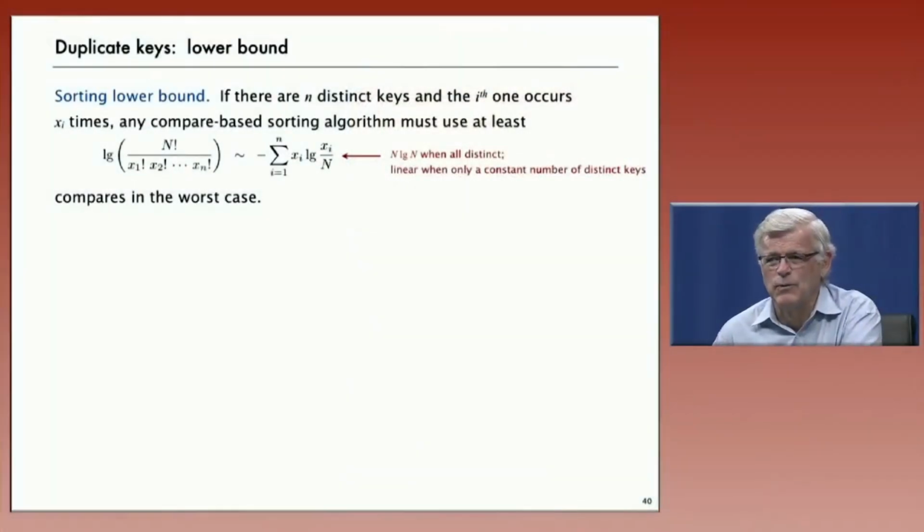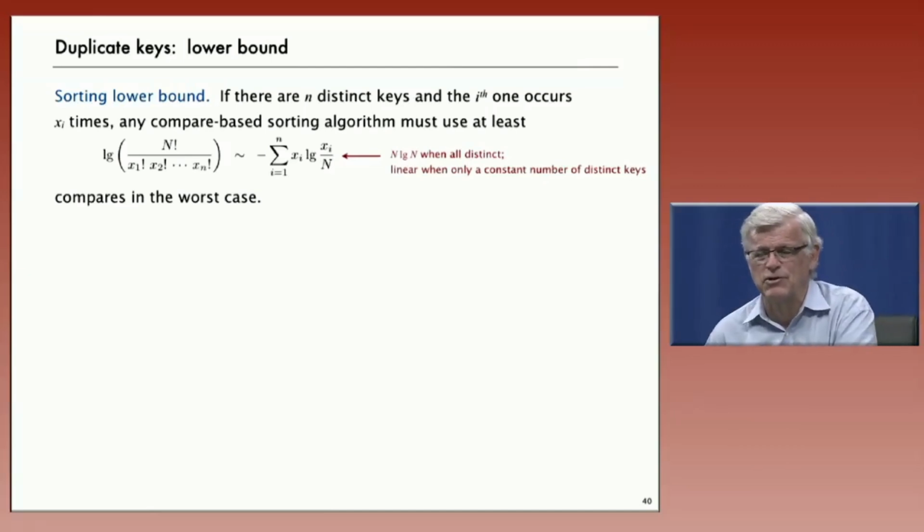It's not too difficult to get a similar lower bound for the model when we know that there are some equal keys. So, for example, this is a rather complicated formula, but not too bad. And it says that if you know that the ith key occurs xi times, you can write down a lower bound for the number of compares that are going to be required in the worst case.